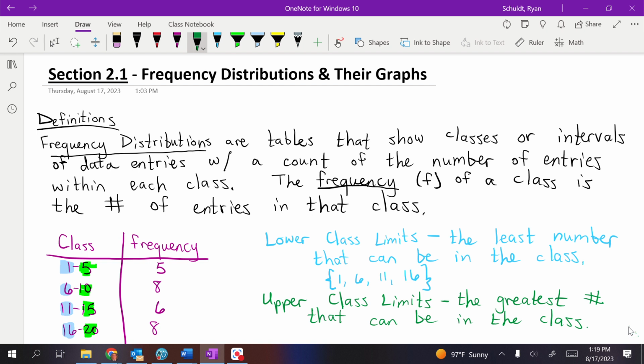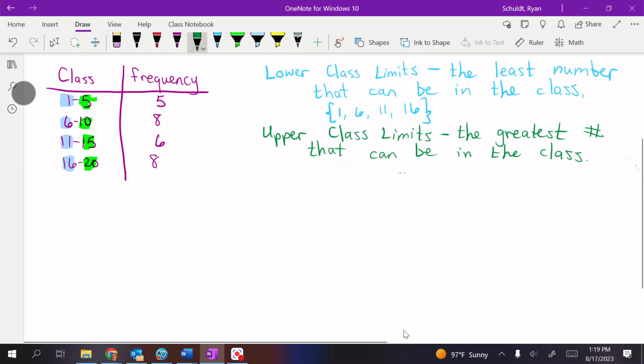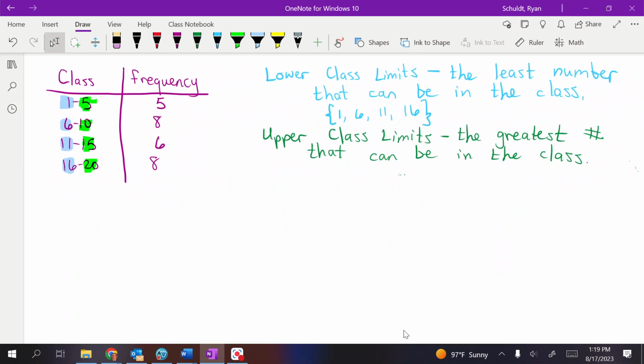Let me scroll down some. There it goes. Okay, so our upper class limits in this case would be 5, 10, 15, and 20.